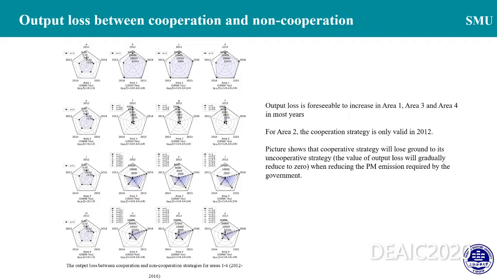So the whole picture also shows that the cooperation strategy will lose ground to the non-cooperation strategy, which means the value of the output loss will gradually reduce to 0. For example, in picture J, the value of the output loss under the cooperation strategy will reduce to 0 when omega decreases.